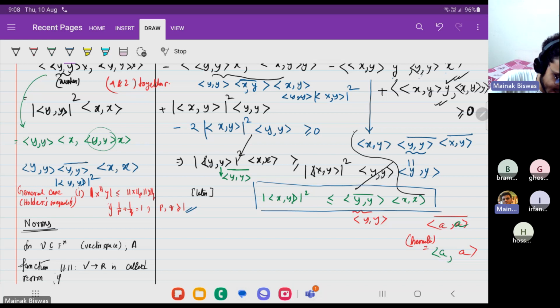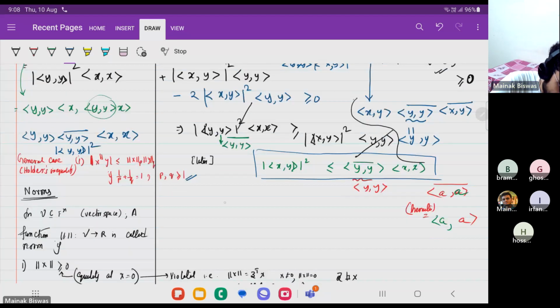So Holder's inequality says that it is the general form of the Cauchy-Schwarz inequality, right? Your Cauchy-Schwarz inequality is what? X Hermitian y, for the special case where the inner product is defined as X Hermitian y.